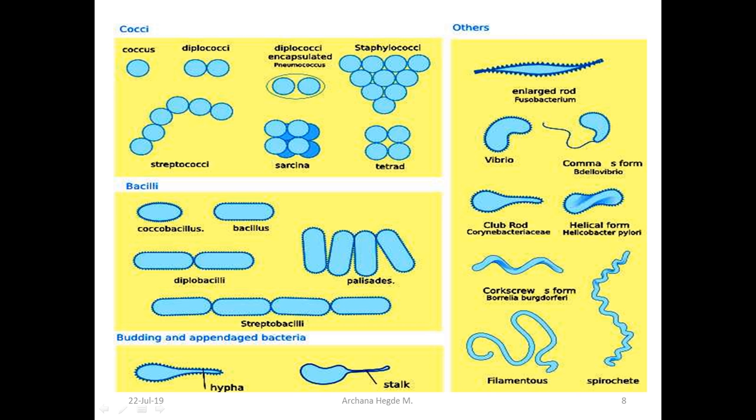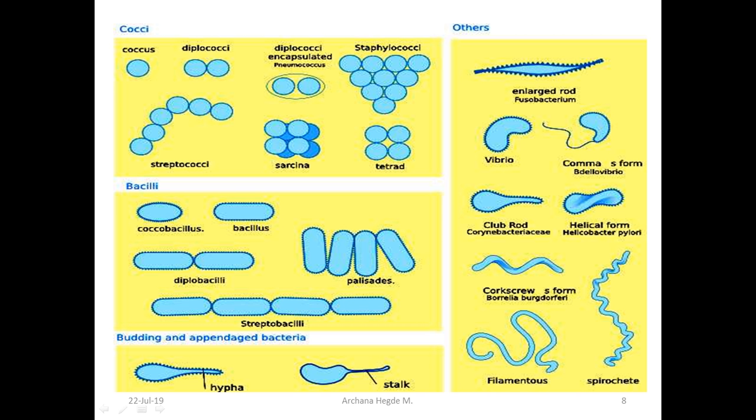Bacilli. Coccobacilli, it is not long and not short, it is not round, but slightly oval. Bacillus, little elongated. This is diplobacilli, where 2 bacilli can be seen. Palisades, a group of bacilli. Streptobacilli, chains of bacilli. Budding and appendaged bacilli, where a bulb shape appearance and a hypha can be seen, and this is the stalk.